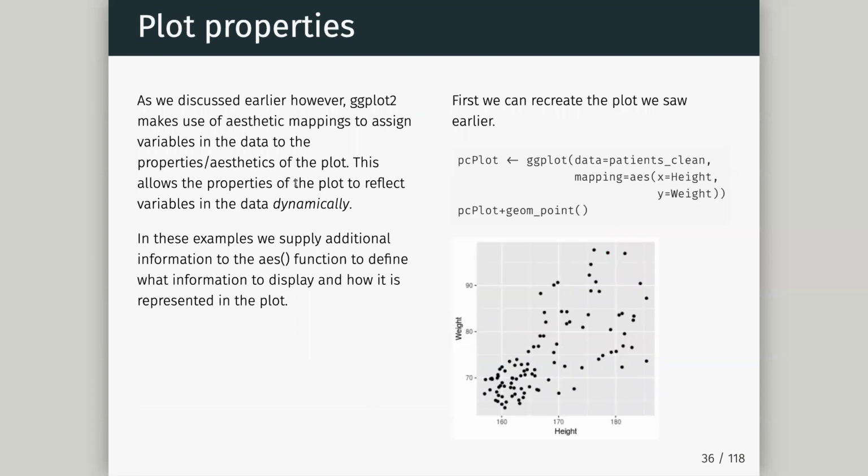As I said earlier on, ggplot makes use of aesthetic mappings to assign your data frame columns to these aesthetics, these features in your plot. This is one we saw earlier on, where we're mapping very simple aesthetics. Given the data frame, map to the x-axis height and to the y-axis weight, and then we did geom_point, and we had a very simple graph.